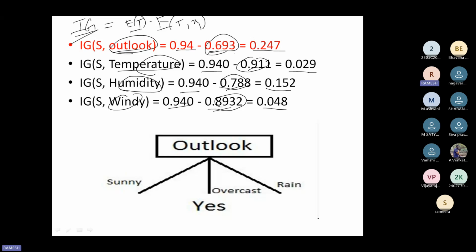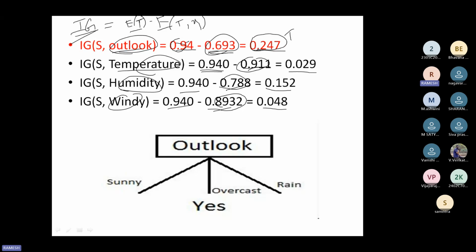Now look at the information gain: entropy of target minus entropy of column outlook, entropy of target variable minus entropy of temperature, and we subtracted it.